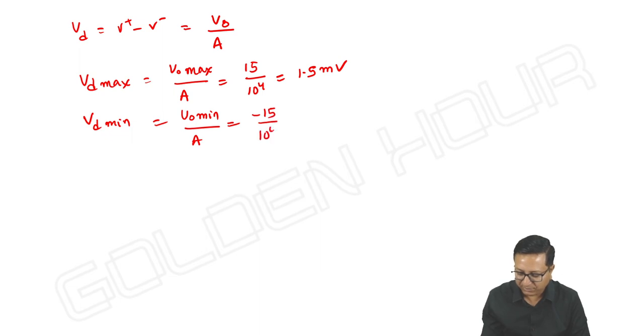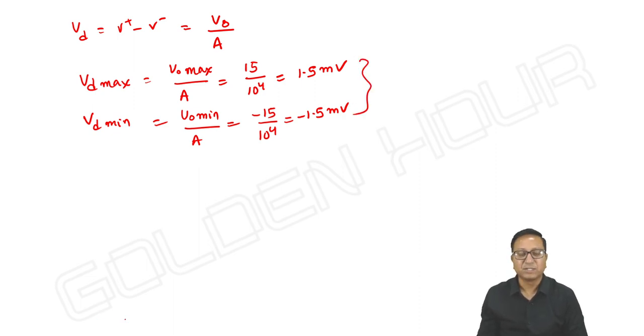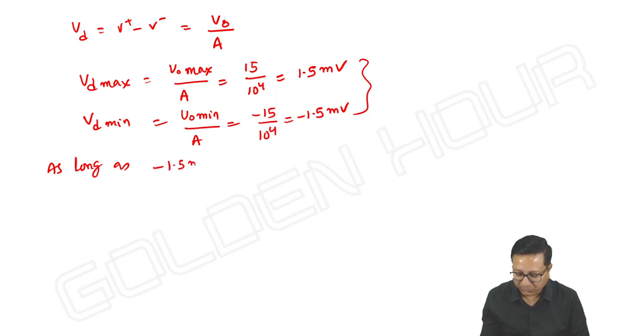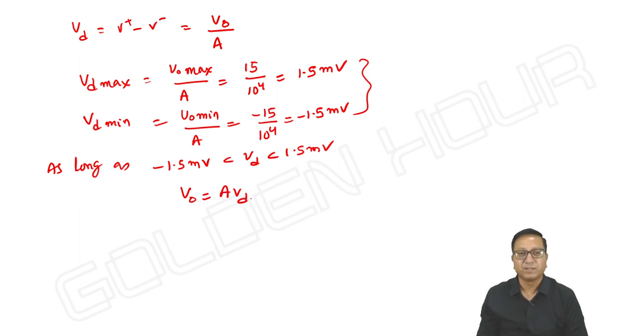It is minus 15 by 10 power 4, minus 1.5 millivolt. Means as long as your VD is within this range, you can use the equation. I can write here, as long as minus 1.5 millivolt is less than VD, less than 1.5 millivolt, I can use the equation V output is equal to A times VD.